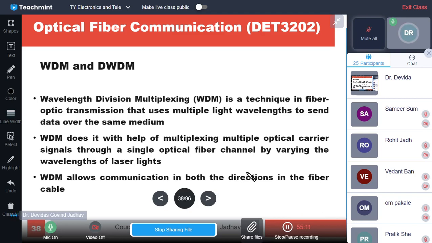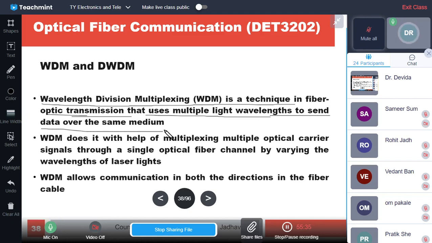So wavelength division multiplexing, the WDM, is a technique in fiber optics transmission that uses multiple light wavelengths to send data over the same medium.